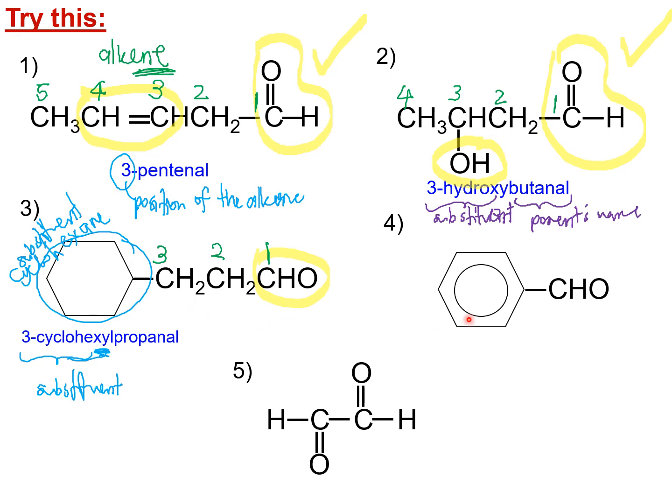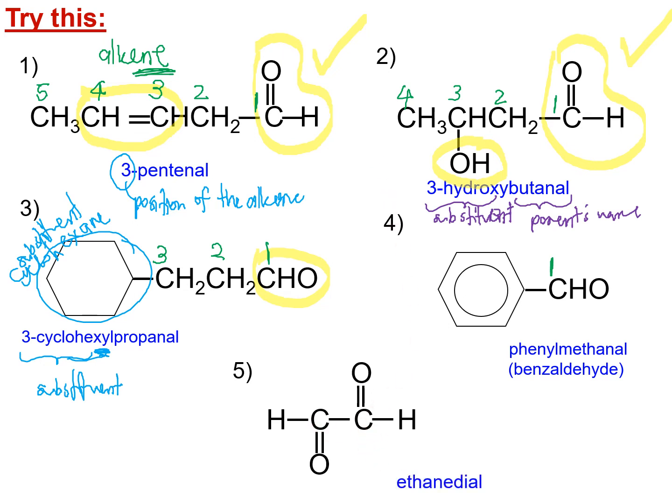Alright, how about this one? Like the previous example, the parent has only one carbon here. At carbon number 1 there is the aldehyde functional group and also a benzene substituent, which as a substituent becomes phenyl. So its name is phenyl methanal. And lastly, how do you name this?